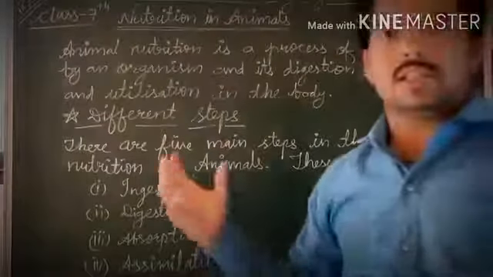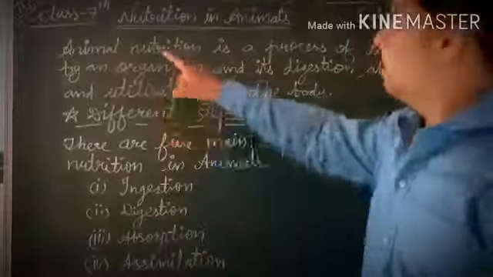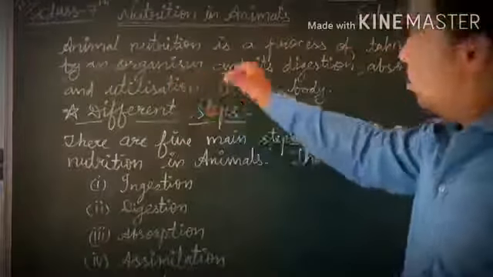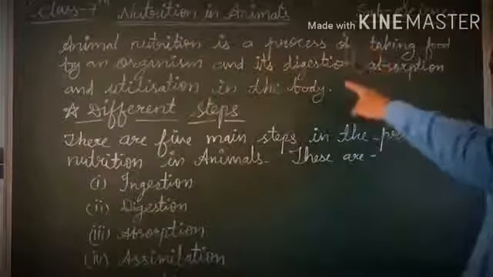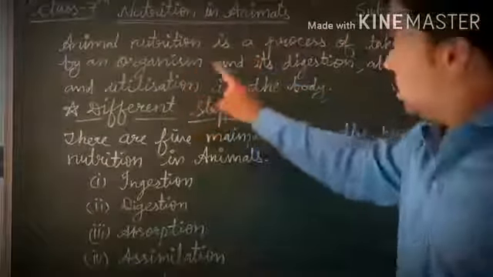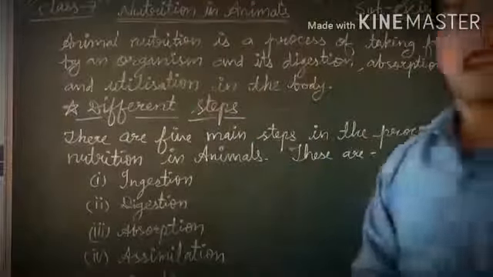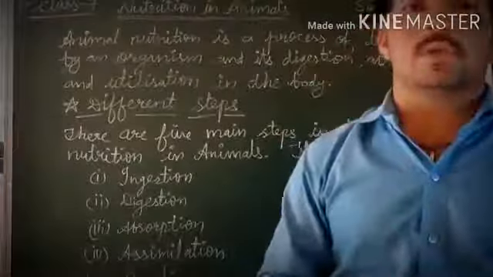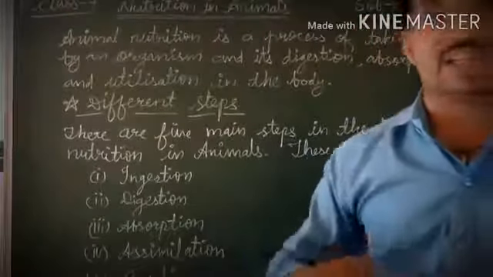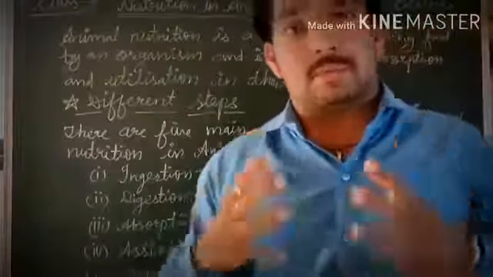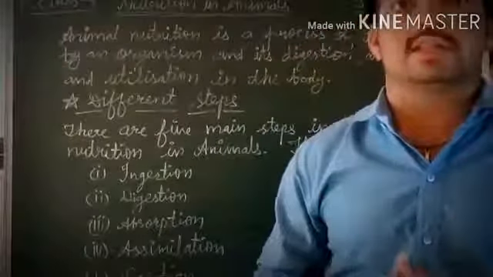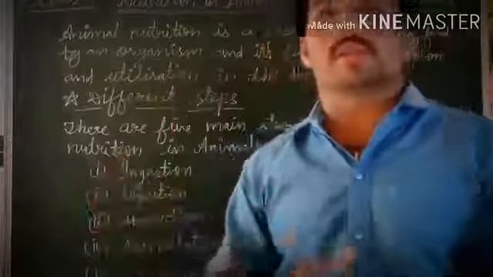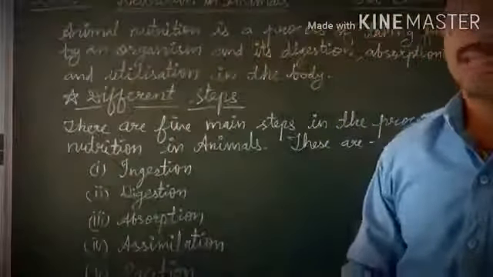So animal nutrition is first of all the process of taking food, after that digestion, absorption, and after absorption there is assimilation, or we can say utilization of the food in the body. So this is the whole process of animal nutrition.